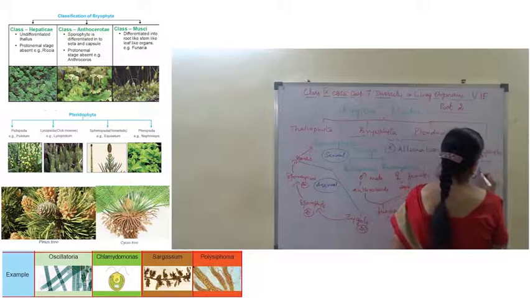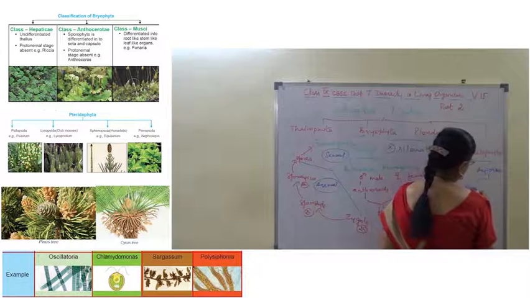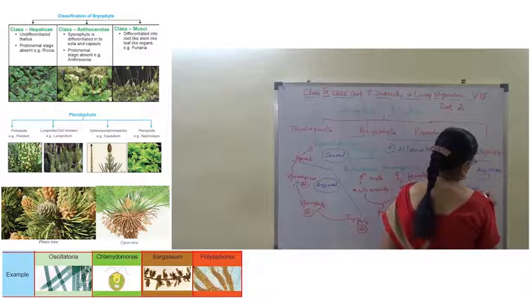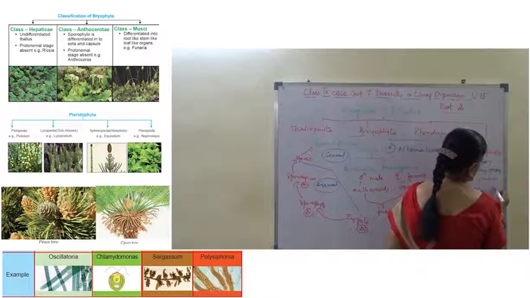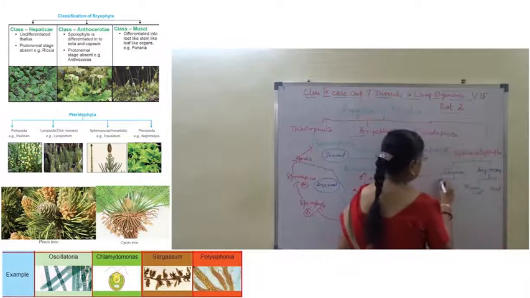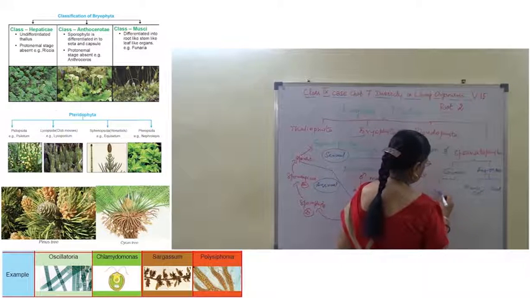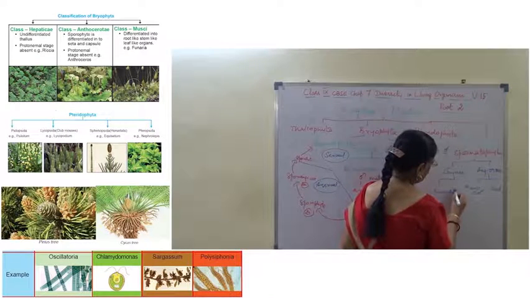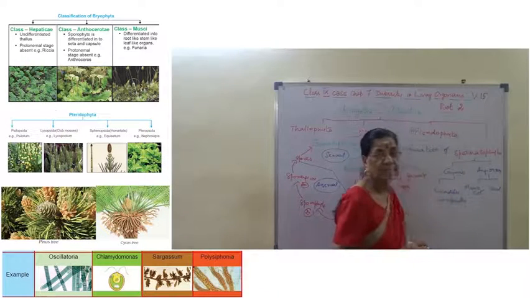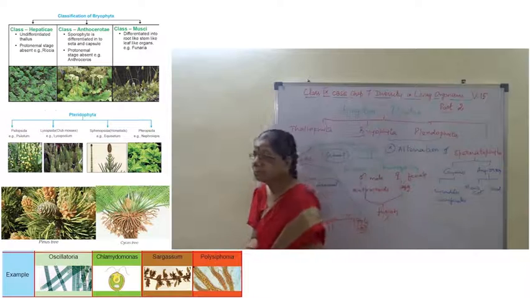Angiosperm further has monocot and dicot, whereas gymnosperm has cycadales and coniferales.